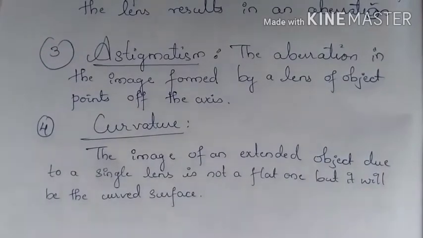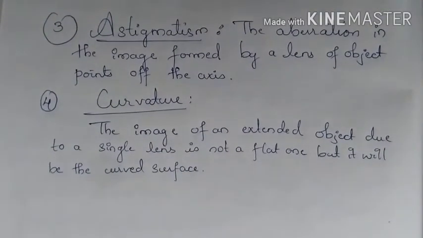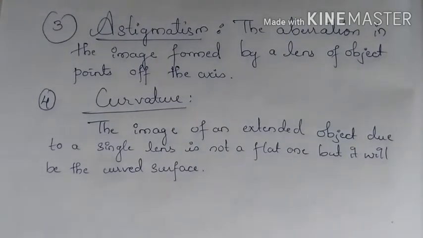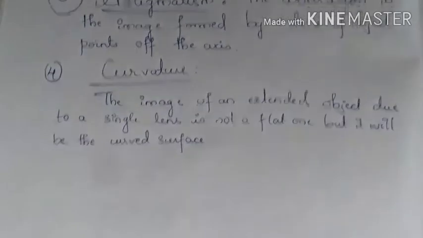So that gives the curvature. If you have the image, then this image will not be completely focused, or completely clear. The central portion of the image, which is near to the axis, will be focused, and the other regions of the image which are away from the axis will be blurred. So this gives the curvature monochromatic aberration.